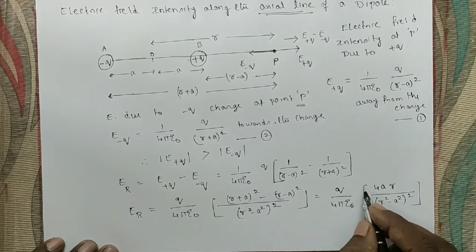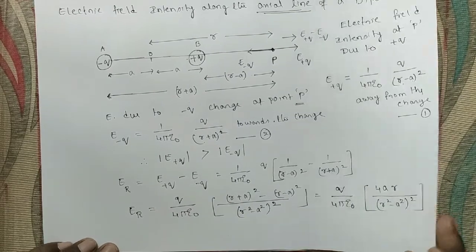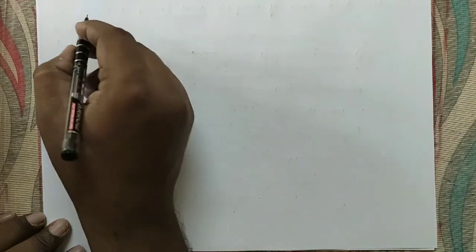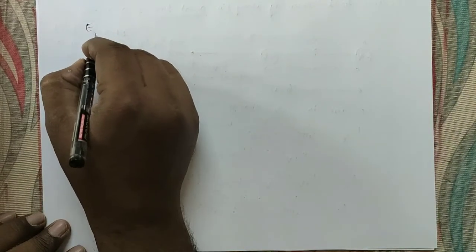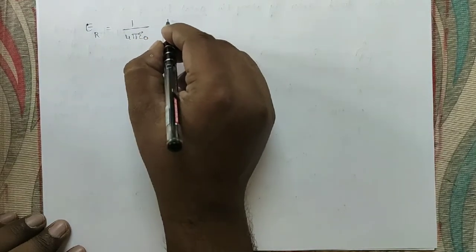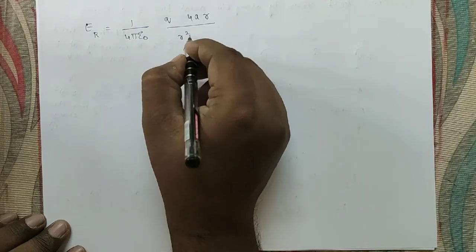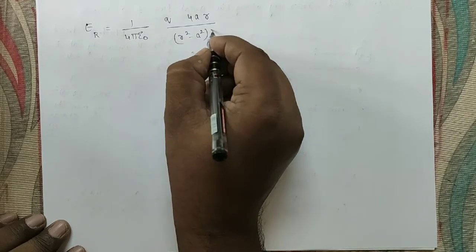This is what you will get. Now this can be simplified. So we have the result: E resultant equal to 1 upon 4 pi epsilon naught into Q into 4AR by (R square minus A square) whole square.